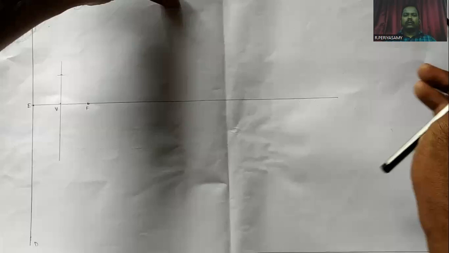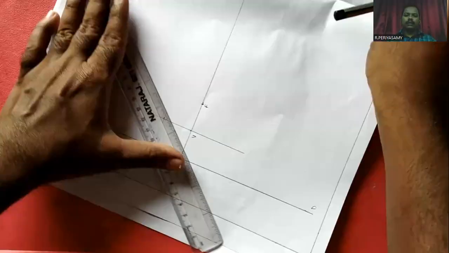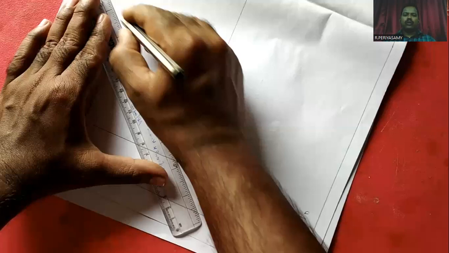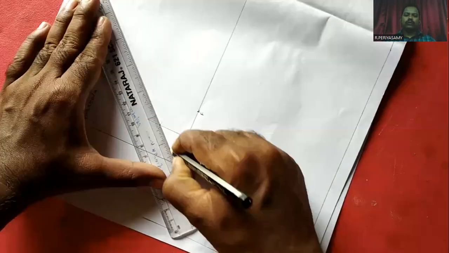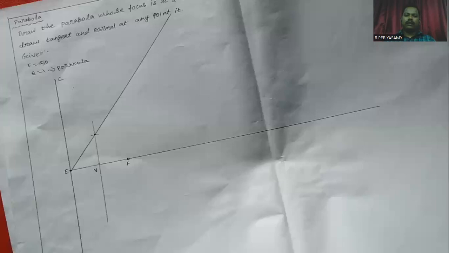We draw one line through these points. This is the border line for the parabolic curve.